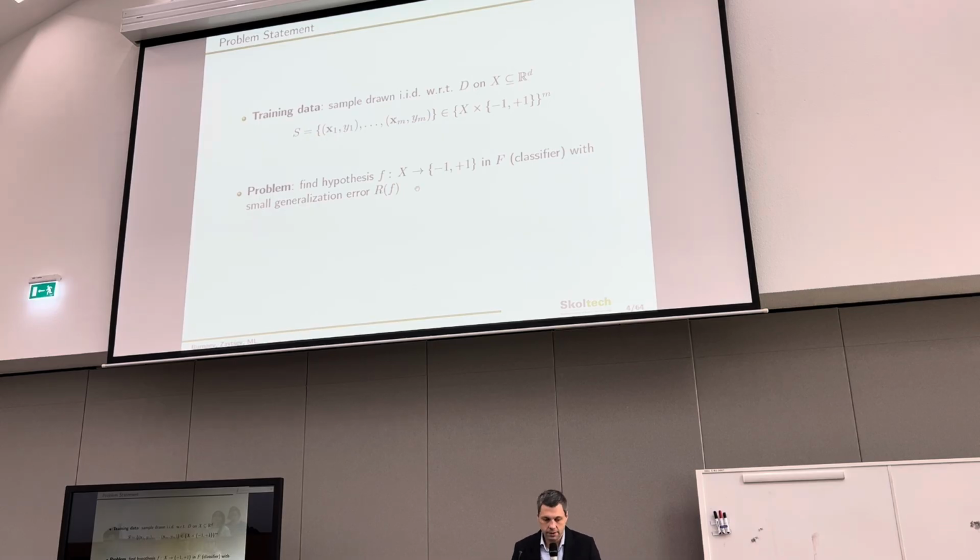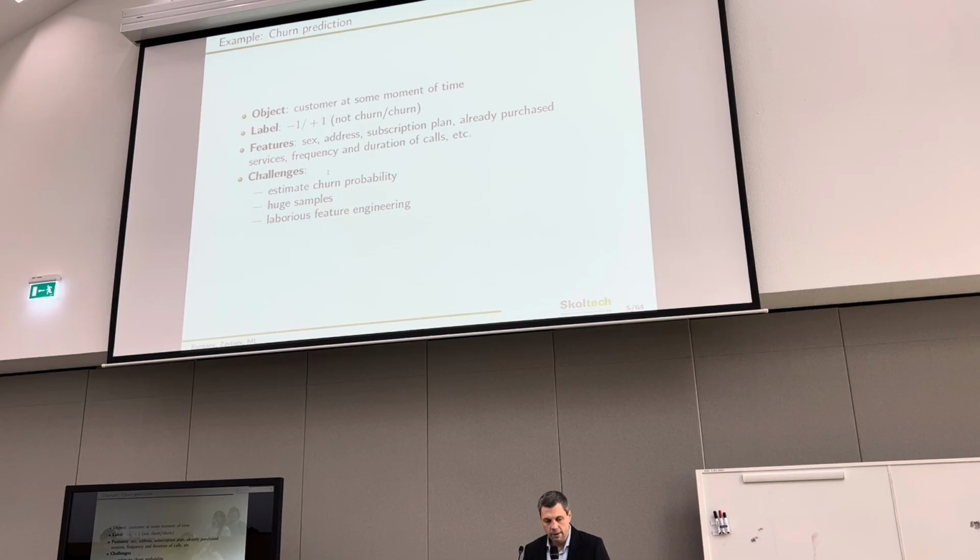We assume that there is dependency between the label value and the input vector value. And we would like to find a hypothesis which allows predicting a label value for a new feature vector, for some new object.